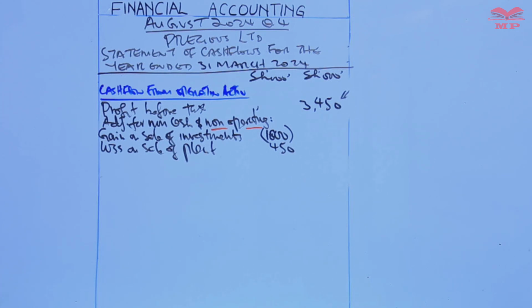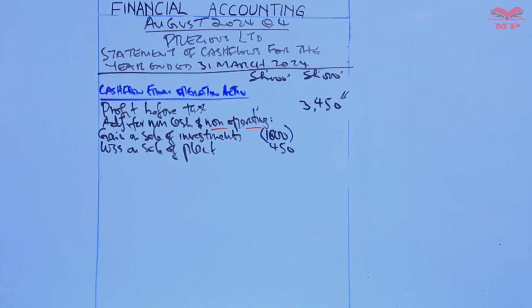Interest expense paid is not an operating activity. Do you understand, candidates? Interest expense, how much is it? It's 3,400,000, am I right?